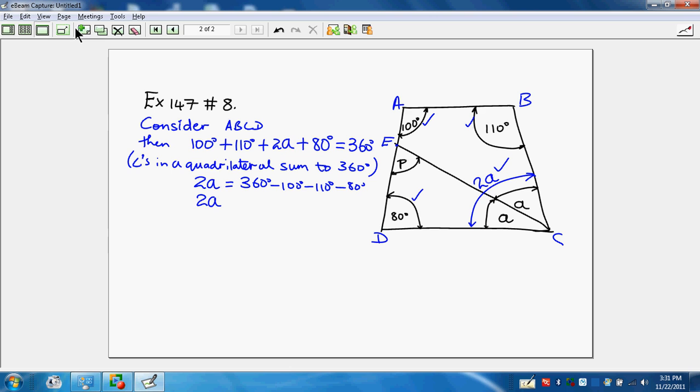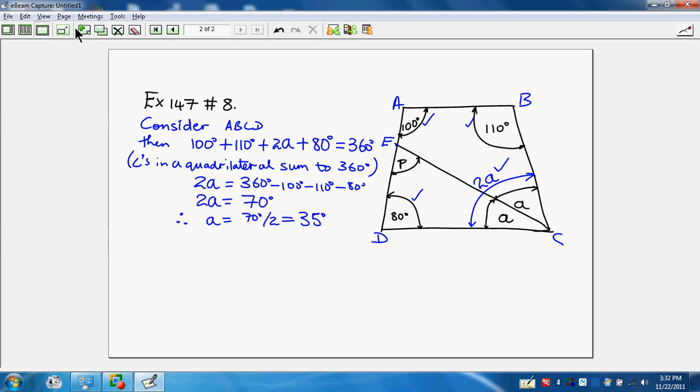So therefore 2A will be equal to, and we have to work that out. Okay, so 2A therefore is equal to 70 degrees when you work the right hand side out. And that tells us that angle A will be equal to 70 degrees over 2, which is 35 degrees.